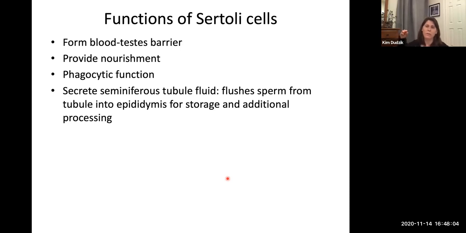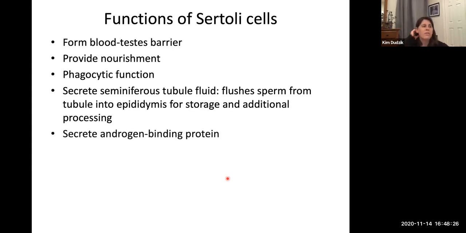Remember, I mentioned that the sperm have to travel through that tubule to get to the next organ, the epididymis. They do that through a fluid. The fluid comes from the Sertoli cells, and that flushes the sperm from those tubules into the epididymis for additional processing. We'll talk about that a little later.